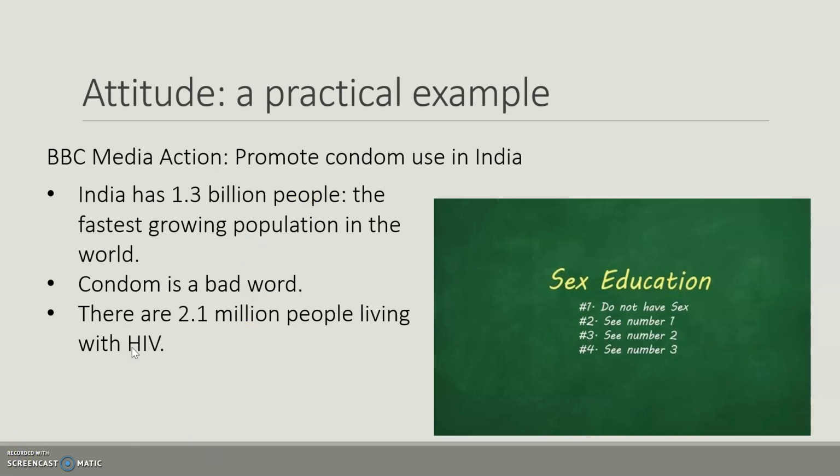And as a result, the population is growing really fast, and there are 2.1 million people living with HIV. They are HIV positive. So researchers have done lots of research in India, and the results show that the key barrier to using a condom is embarrassment and a negative attitude associated with condom use.